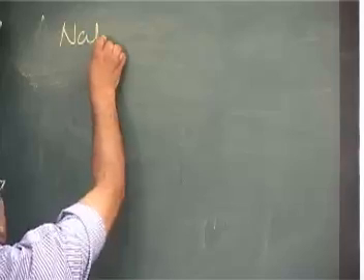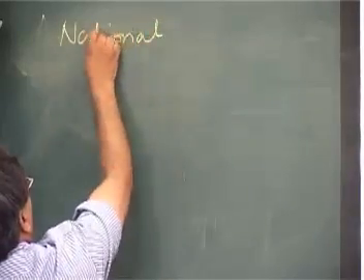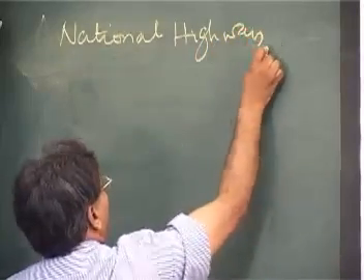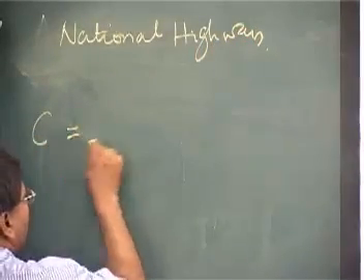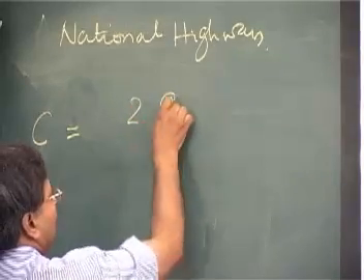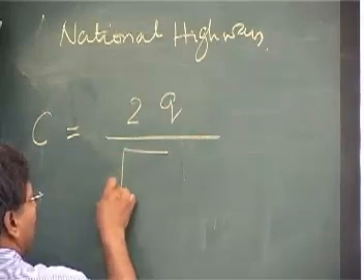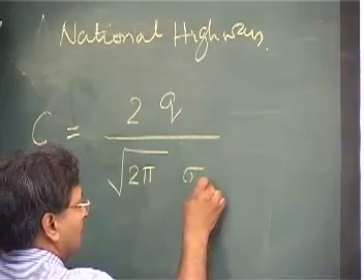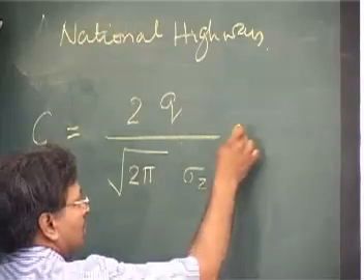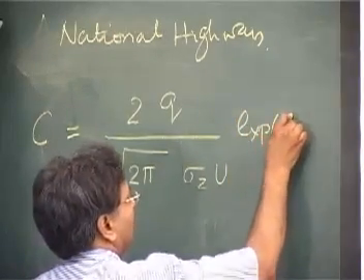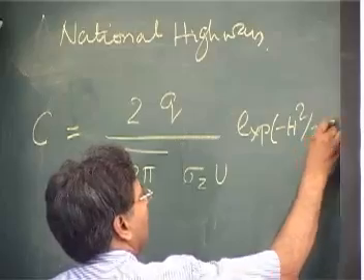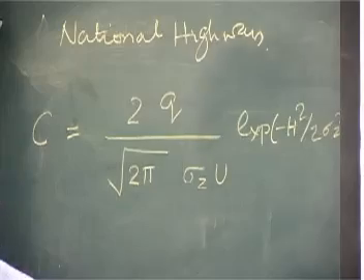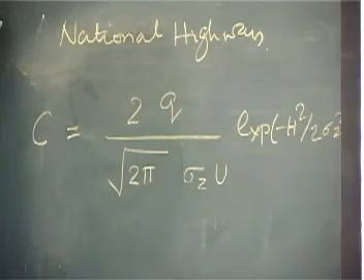Source is your national highway. C was, what is that, 2Q over 2 pi something like this, and of course sin phi is 1.